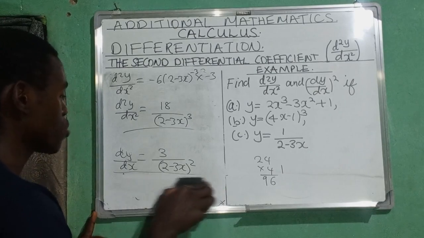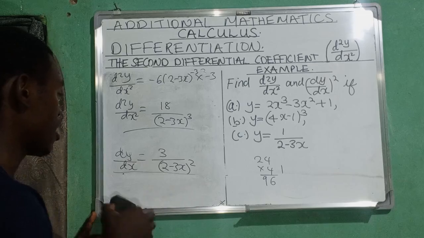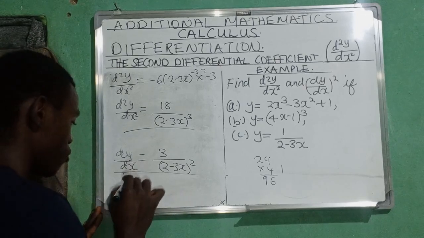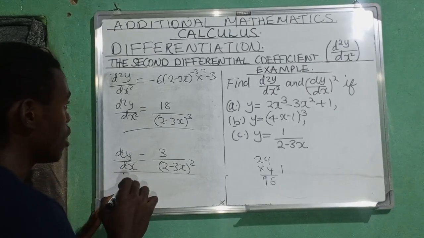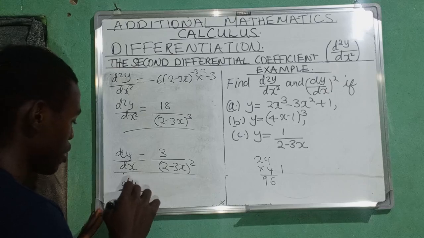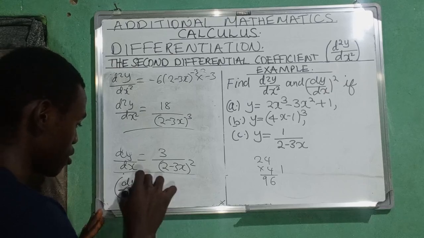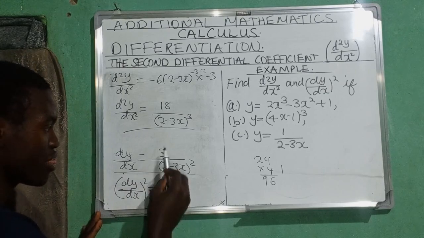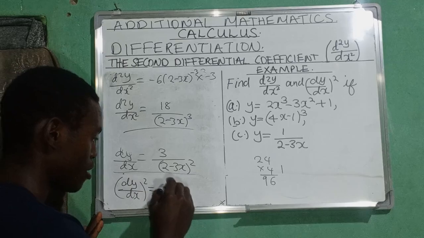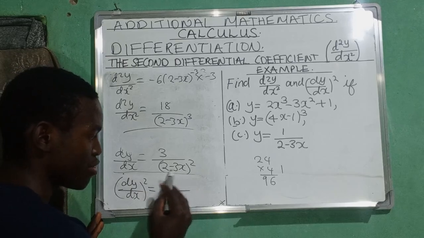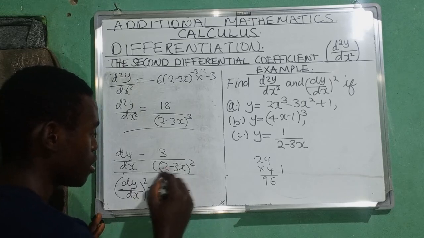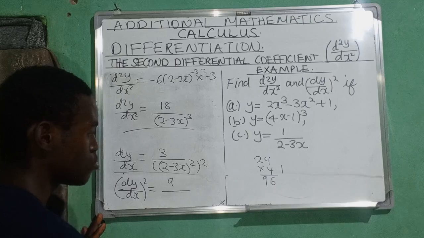And then they want us to square that particular answer. It's very simple. Your dy/dx, which has to be squared, is going to be equal to, you square the 3, you're going to have a 9, and then you square this expression that is down. It means just raising everything to the power 2.